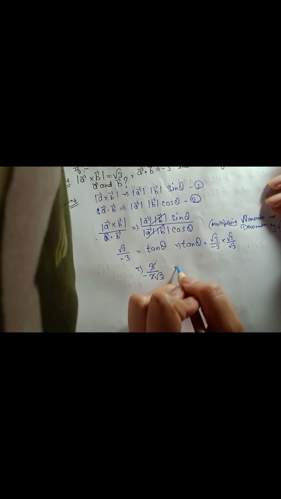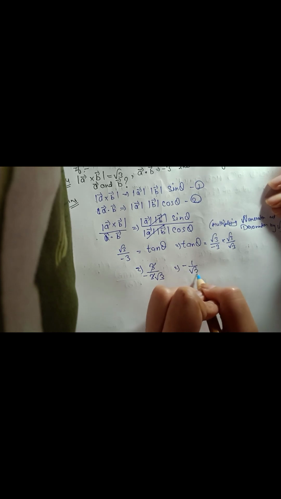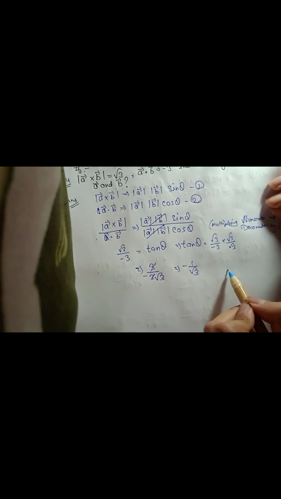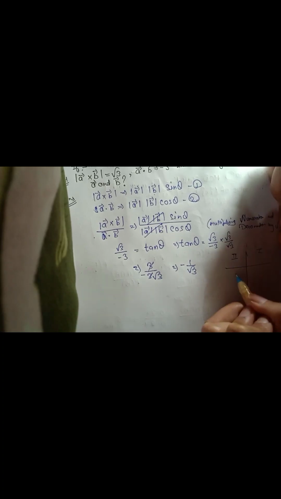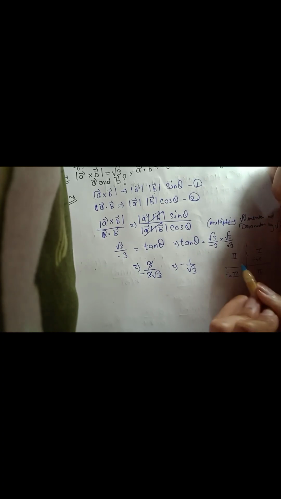We know in the trigonometric table, tan 30 degree is equal to 1 by root 3, but here it is negative. In the second and fourth quadrant the value of tan is negative.